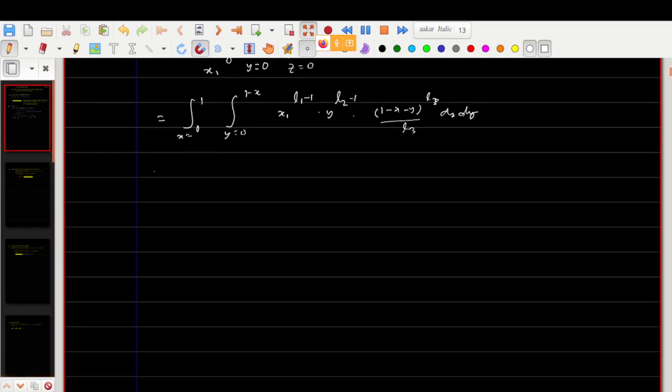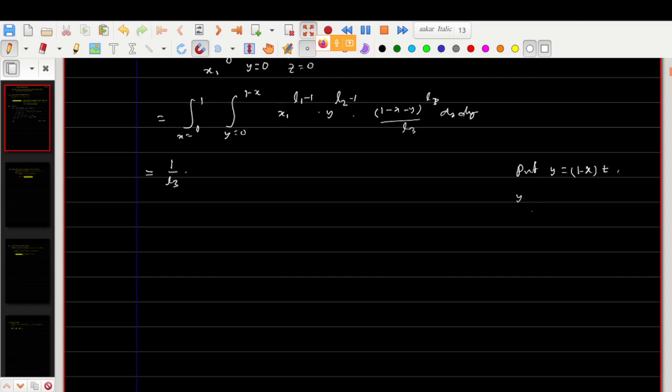Now this is equal to 1 by L3 taken common, and put y equals 1 minus x times t. Because y runs from 0 to 1 minus x, if you multiply by t and t lies between 0 and 1, then y belongs to 0 to 1 minus x.